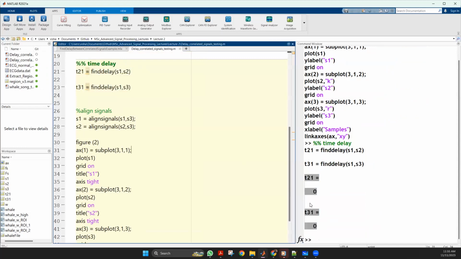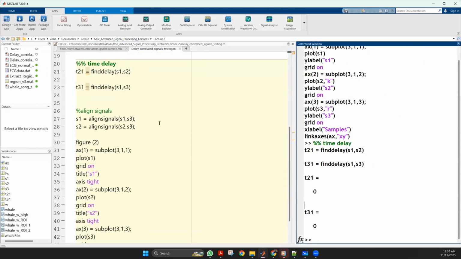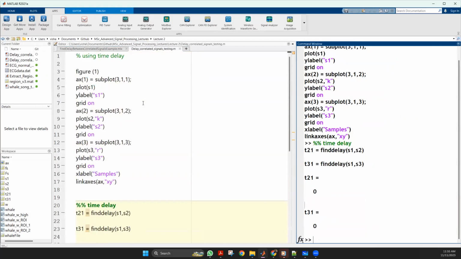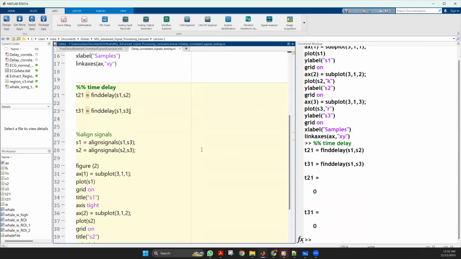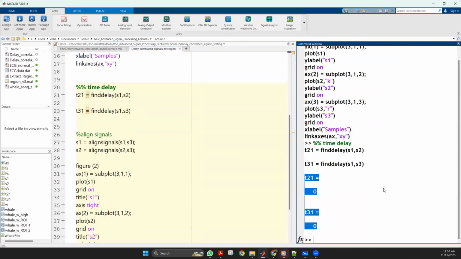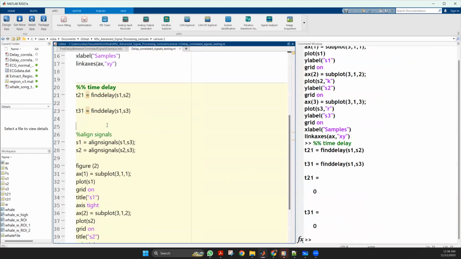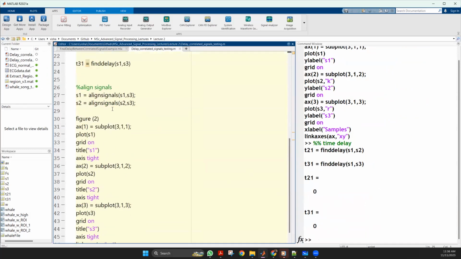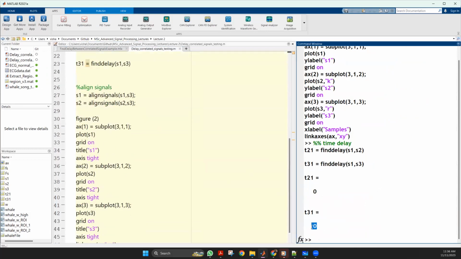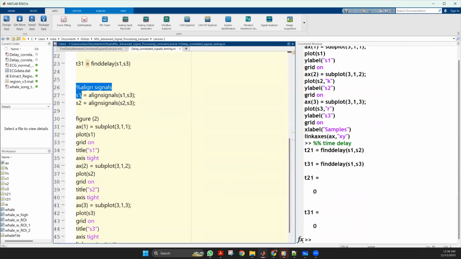Sometimes you will get 0 if there's no delay. However, most of the time you will get a value for this, which shows us that there's some delay between the three signals.